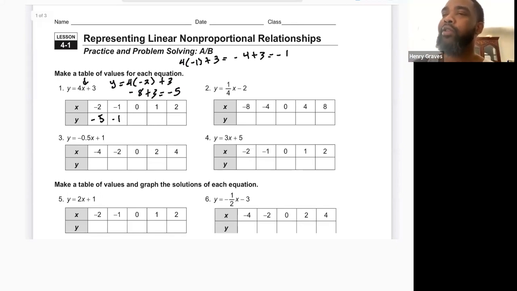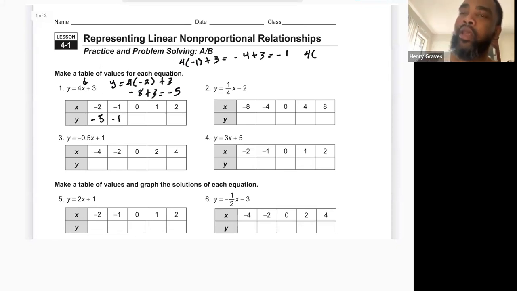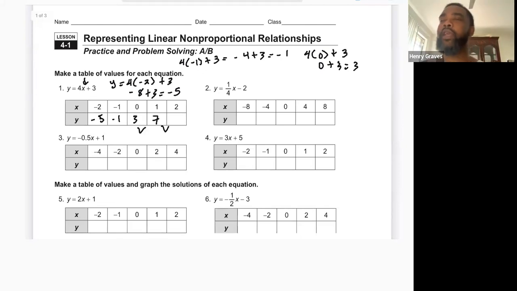But let me just go ahead and do the rest of it to test my hypothesis. So 4 times 0 plus 3 will be 0 plus 3, which is going to be 3. So here from 3, I can just add 4, which will be 7, and add 4 again, which makes this 11. See that? So I've just completed that first table, right?